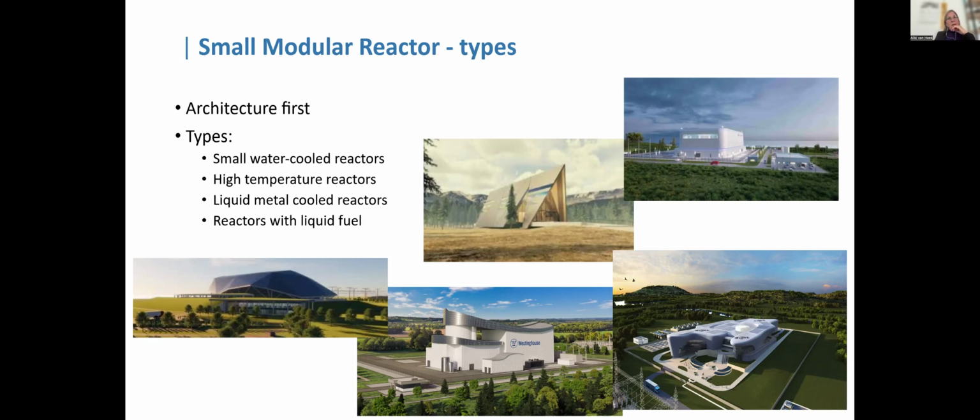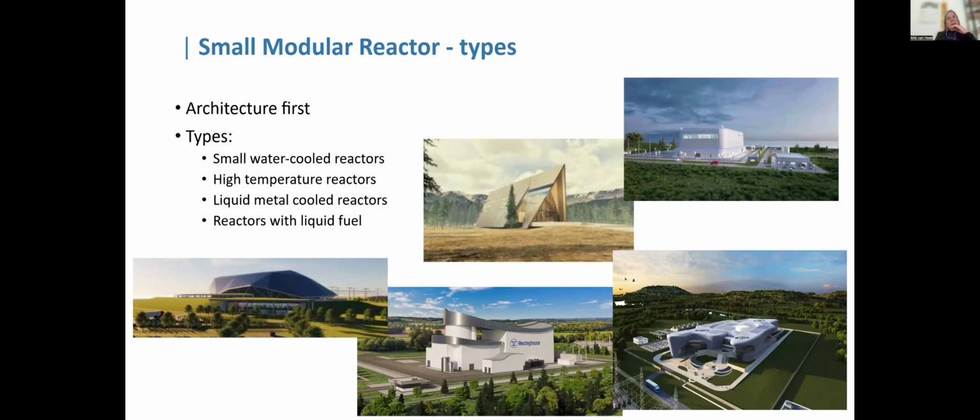So therefore, let's dive into what they are offering. There are 4 main categories of types. The first one, the small water-cooled reactors, is based on the technology that I just showed before, the pressurized water reactor, or sometimes also the boiling water version, in which the water already boils in the pressure vessel. There are other types, mainly from the startups.